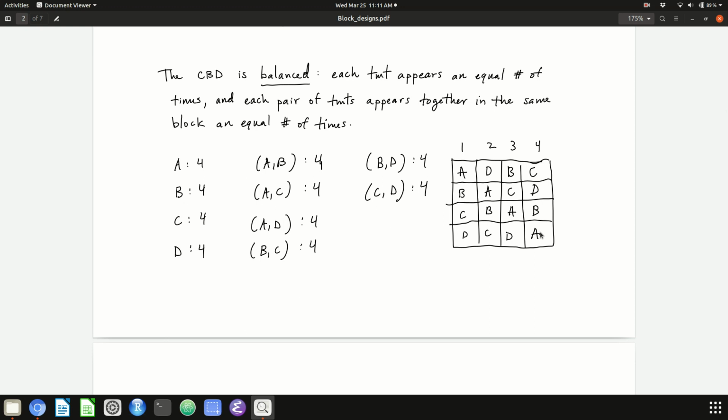So they appear together in each of the 4 blocks, so you get a 4 here. You can verify for any pair of treatments, they will appear together in the same block 4 times. And that's because it's a complete block design. Every treatment appears exactly once within each block, and so every pair of treatments is together within each of the 4 blocks.